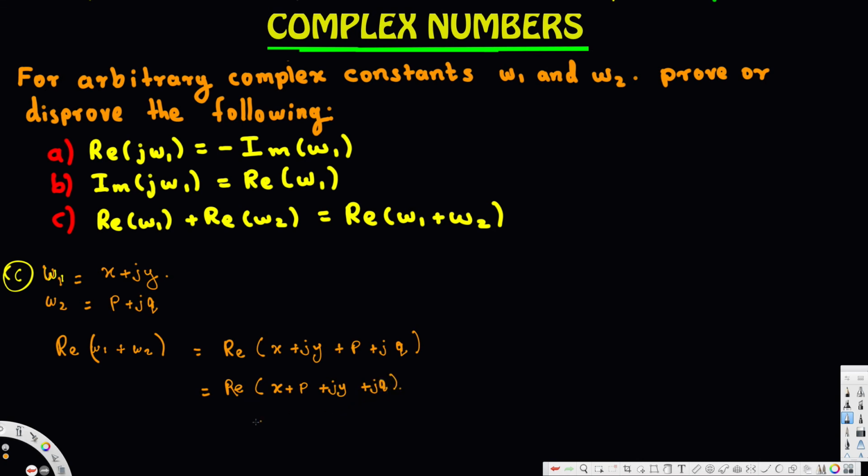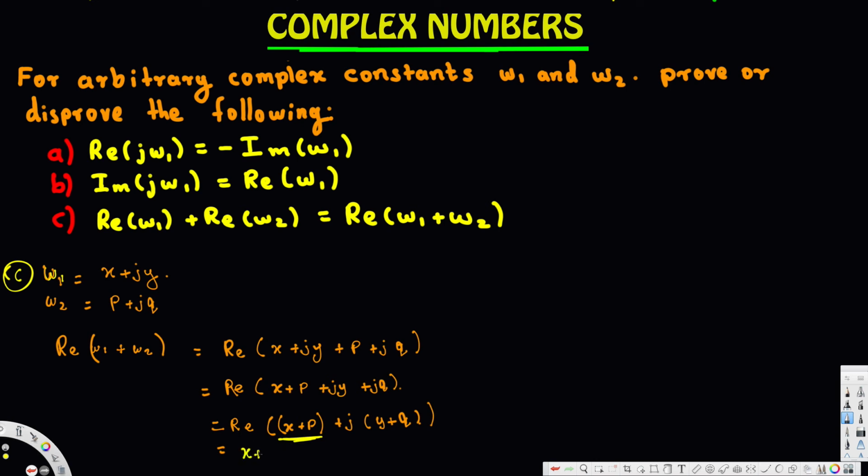So from this, the real part of w1 + w2 is x + p, and then plus, here we can take j common, so this is j(y + q). We are looking for the real part of w1 + w2, right? So here x + p is the real part and j(y + q) is the imaginary part. Whenever we have something with j, it is imaginary; the rest is real.